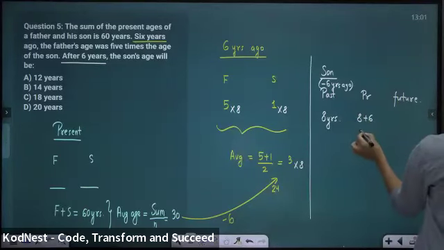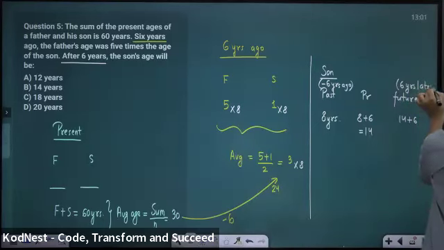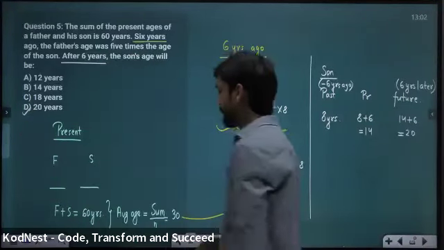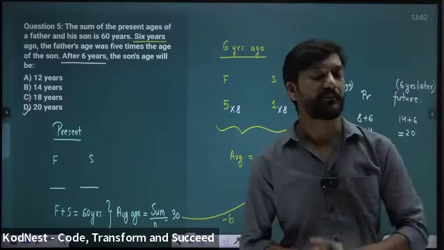And future will come out as 14 plus 6. 14 plus 6, 20. So son's age after 6 years will be 20 years.